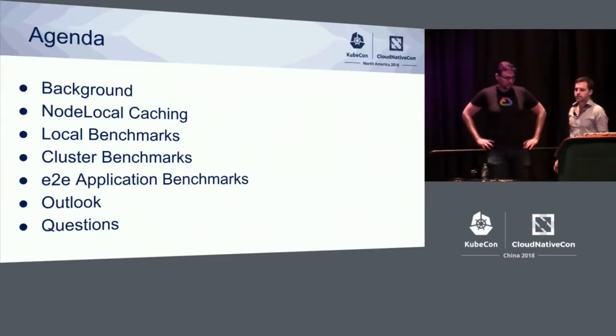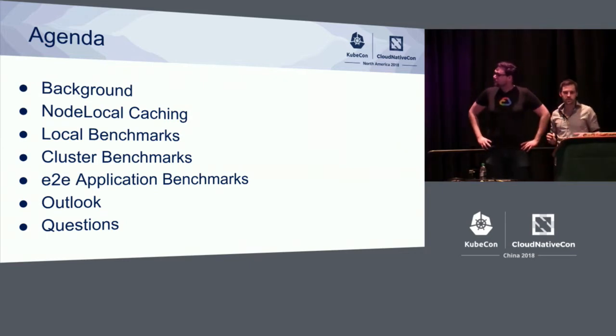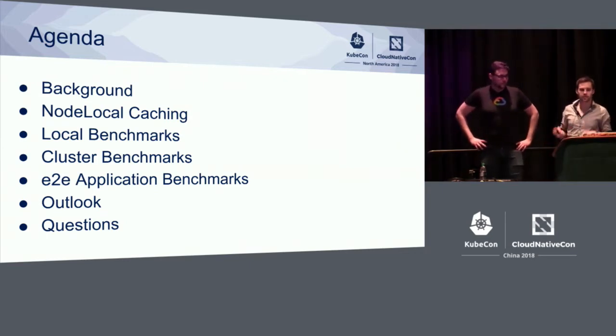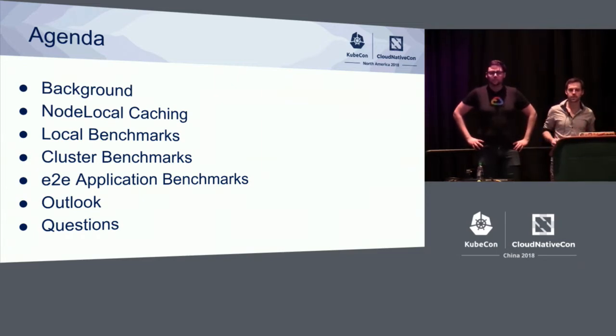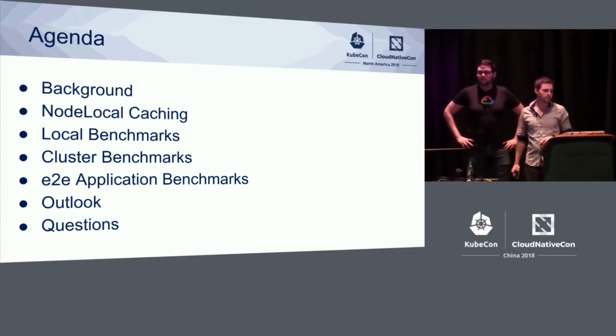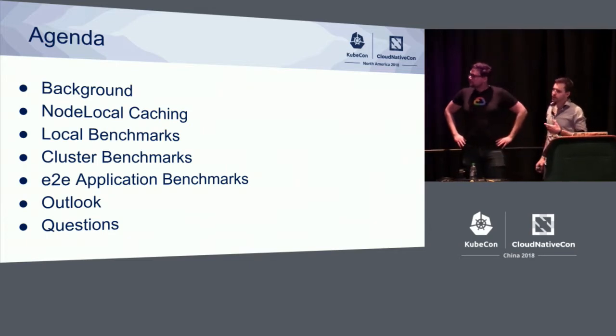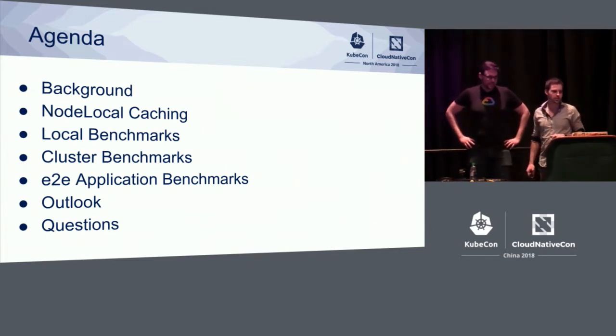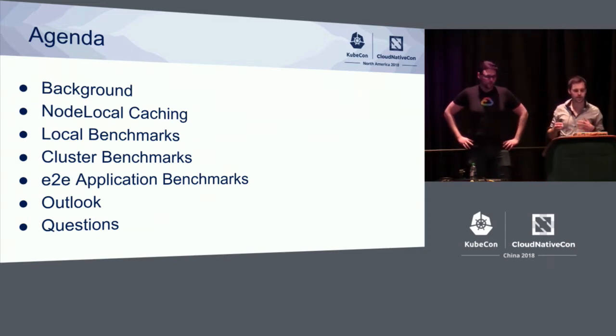So let's dive into our agenda. We first want to give a bit of background. I know there are a few talks already around CoreDNS, but we want to set the stage on what we are actually talking about. Then we will dive into a new cluster add-on, which is called NodeLocal, which will cache a bit more inside the cluster. Then we have a few benchmarks. We go step by step.